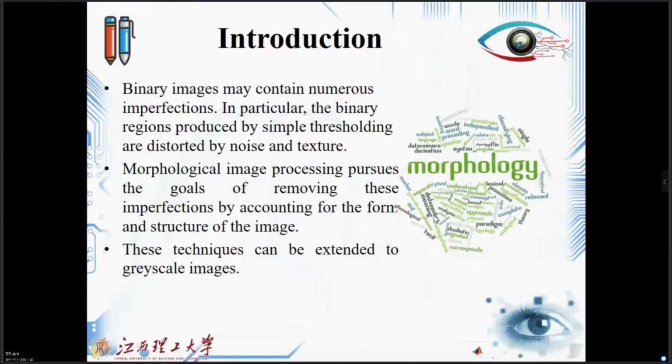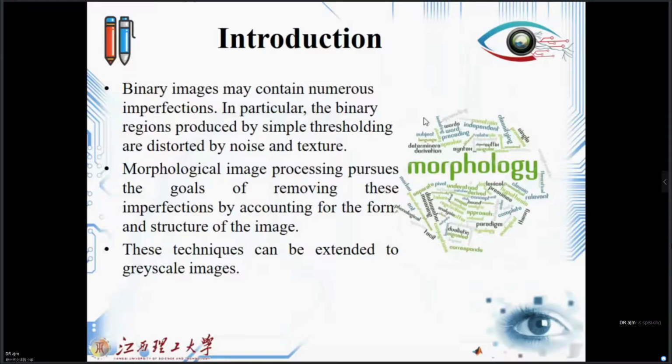Also, when you zoom in inside your image, you will see that the pixels are not in proper order. And you know that this exact boundary is nothing but the thresholding value, which is applied on the border side. Morphological image processing pursues the goal of removing these imperfections by accounting for the form and structure of the image.